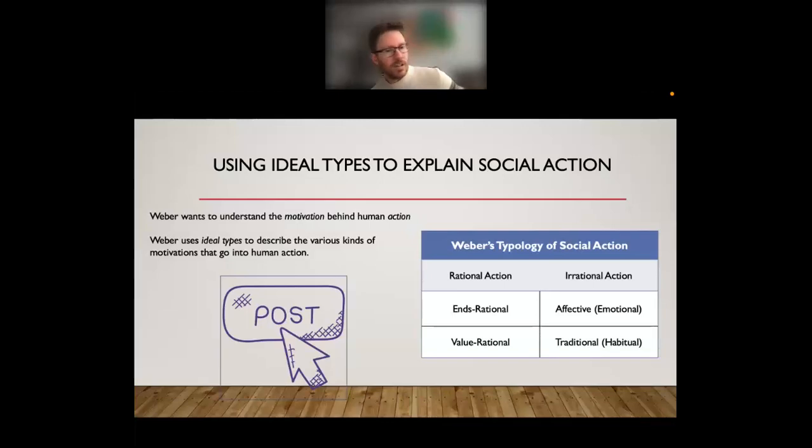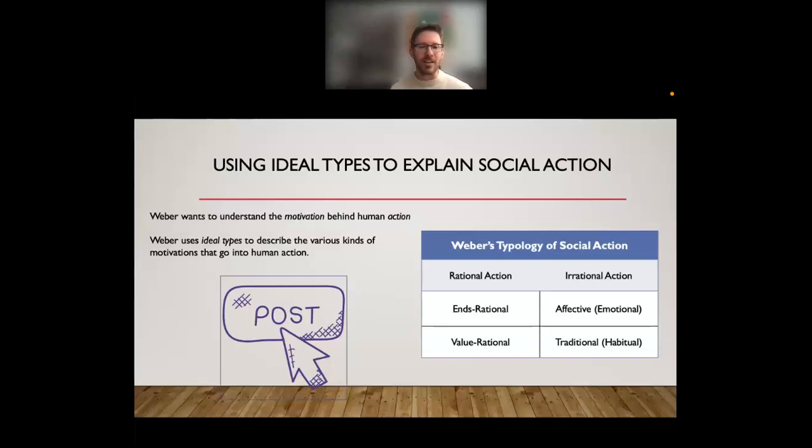A value rational meaning behind posting fake news might be someone who finds value in stirring up chaos, right? An emotional or affective action might be someone who read the fake news, got so angry about it, they reposted it.